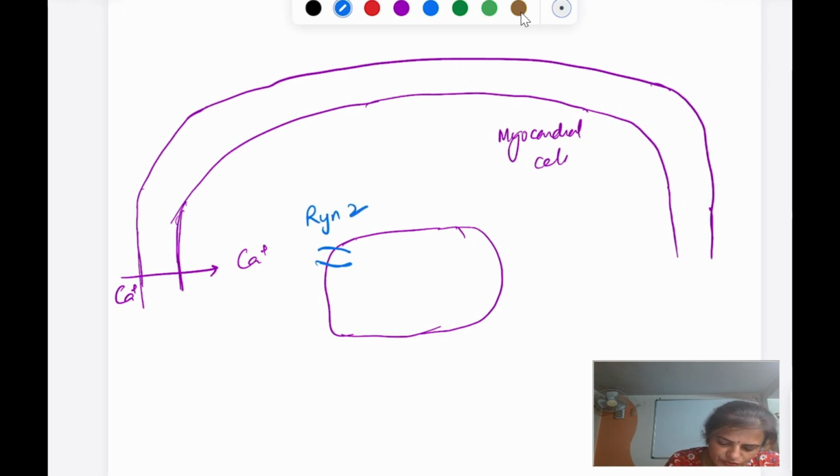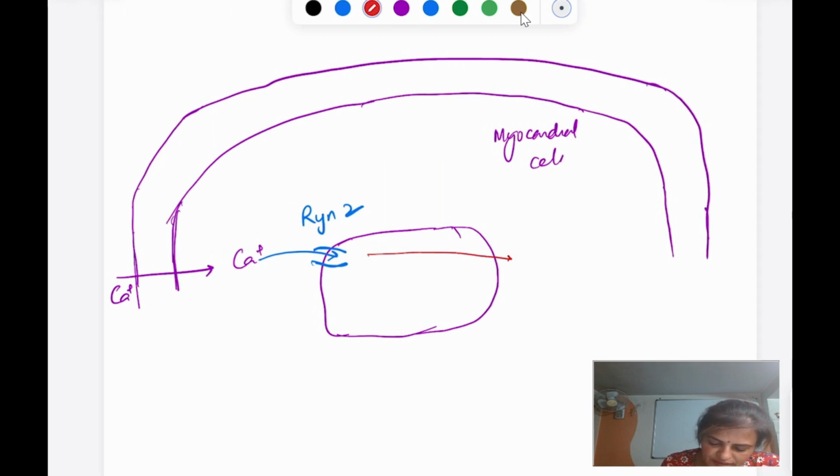They are going to trigger this, and there is a massive release of calcium ion from the sarcoplasmic reticulum.